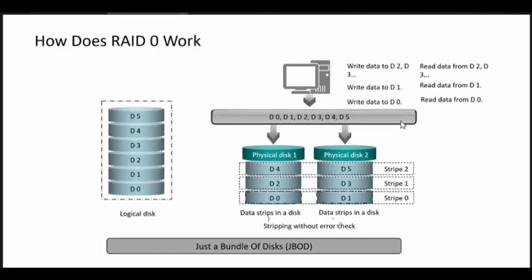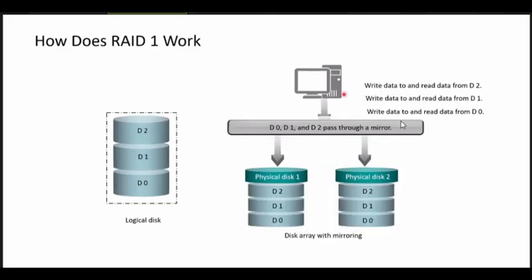Both these disks, let's say, have 1 terabyte each. You have 2 terabytes. If you use RAID 1, you buy both disks, 1 terabyte, 1 terabyte. Your actual disk space is 1 terabyte. Why? One disk is basically used for the mirror.